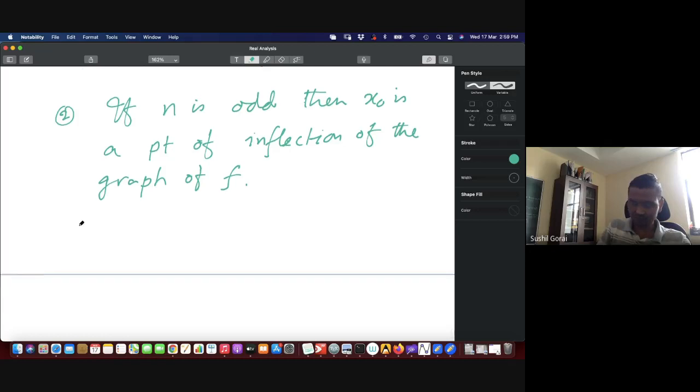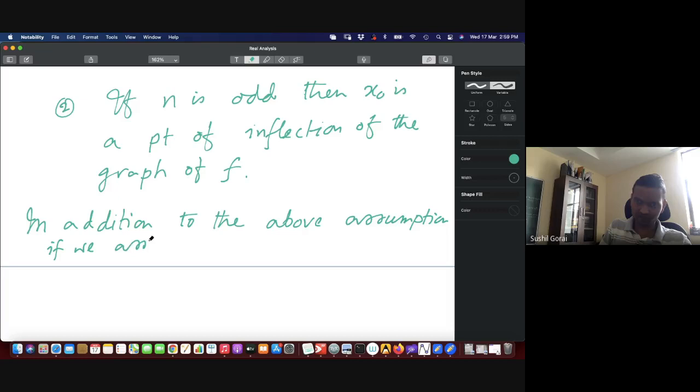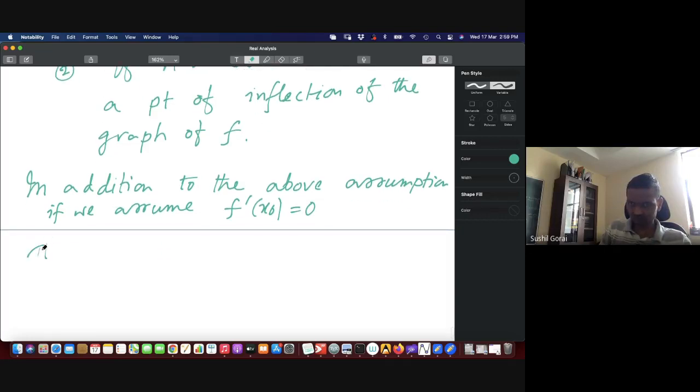In addition to the above assumption, if we assume f'(x naught) is 0, then the following holds.